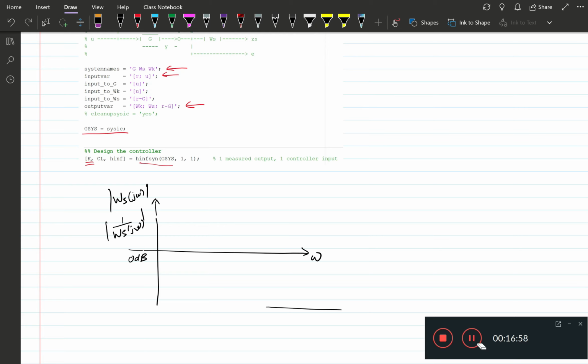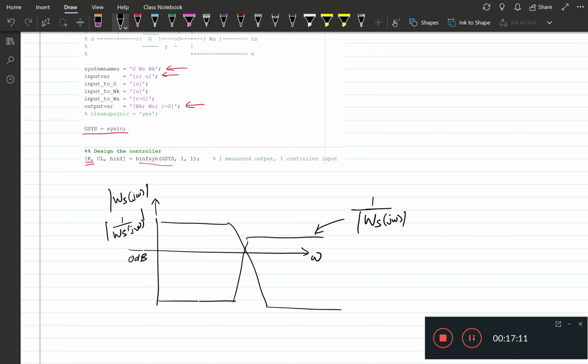So let me just bring that back again. So this one is the inverse shaping filter. So let me remove the actual one. Let's just look at the inverse shaping filter. So we can then use the shaping filter to sort of push or relax weights on different frequency ranges.